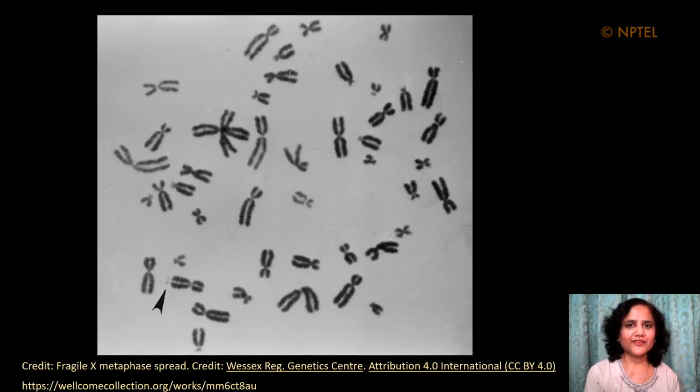Shown here is a metaphase spread of human chromosomes showing the maximally condensed state of mitotic chromosomes. Note the cohesion between the sister chromatids, that is, along their length they appear to be paired, and this cohesion is more intimate or close at the primary constriction region, which is where the centromere is located.